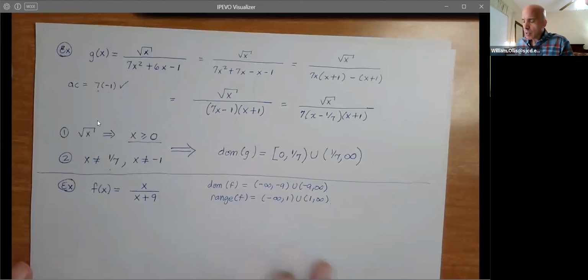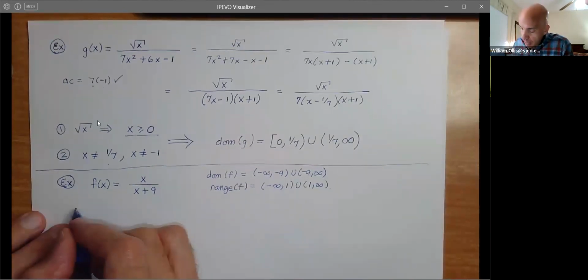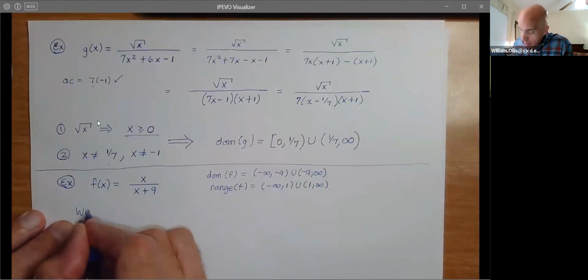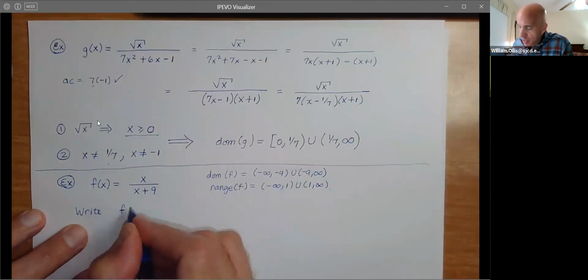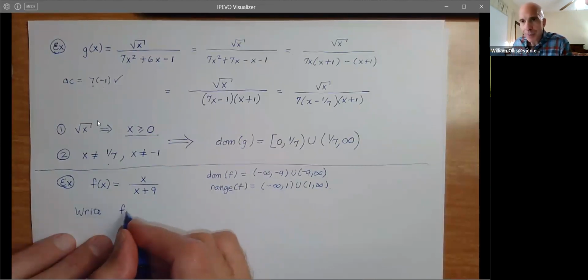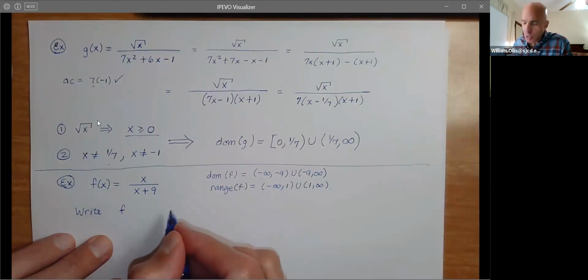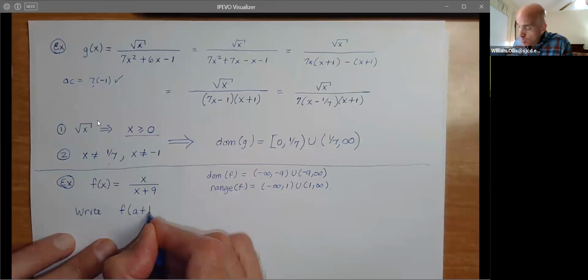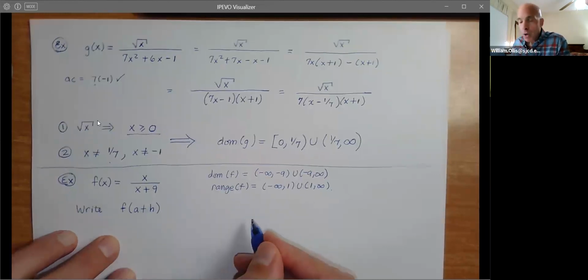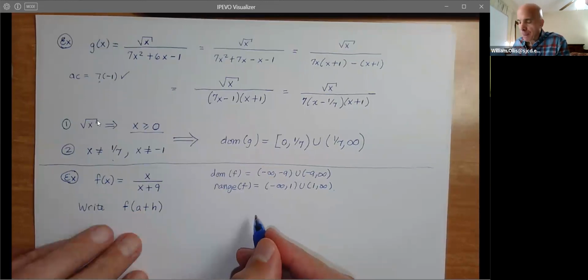Now, when you look at this, here's what WebAssign asks you to do. They're going to say, write f, and the notation will change. Sometimes it'll be x plus delta x, it'll be x plus h. In this case, they want you to do a plus h. I just want you to be comfortable with whatever is here and just use it.